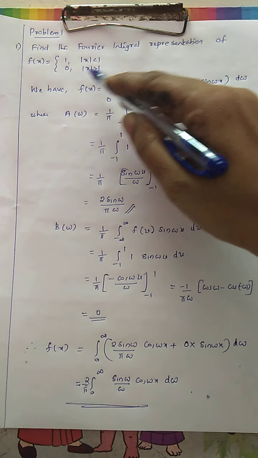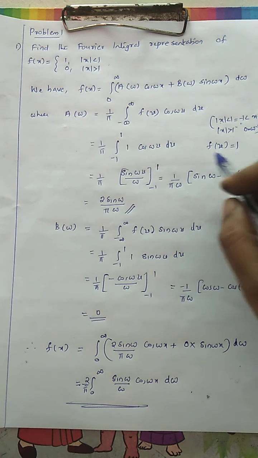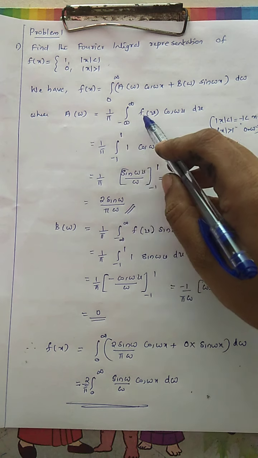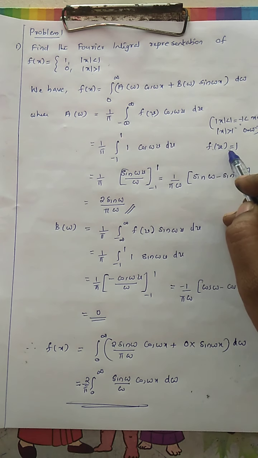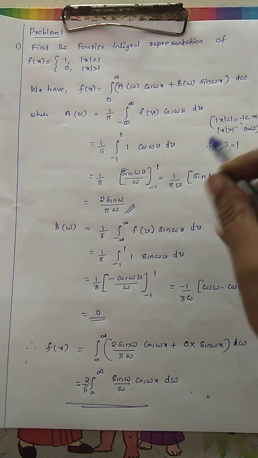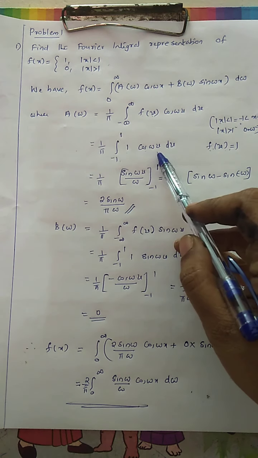Modulus x greater than 1 means all the other points except minus 1 less than x less than 1. So substituting here, the integral becomes minus 1 to 1 f of nu. Since f of x is equal to 1 here, f of nu is also equal to 1. So it becomes minus 1 to 1 cos omega nu d nu.